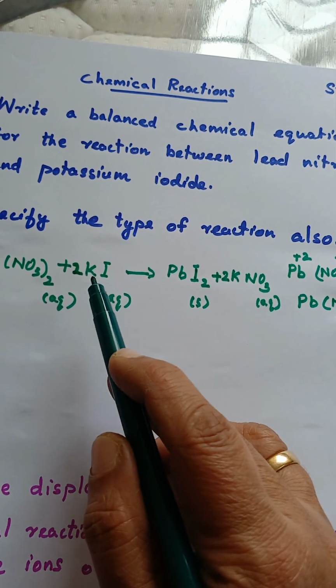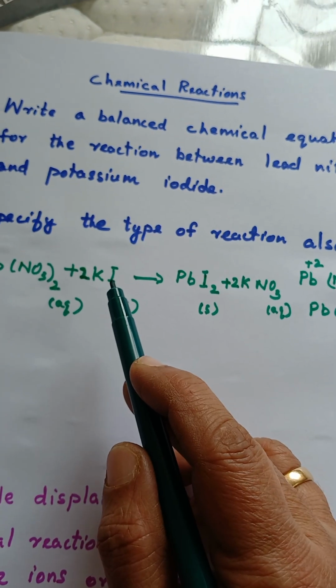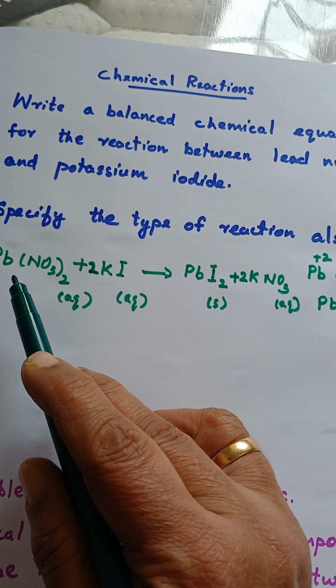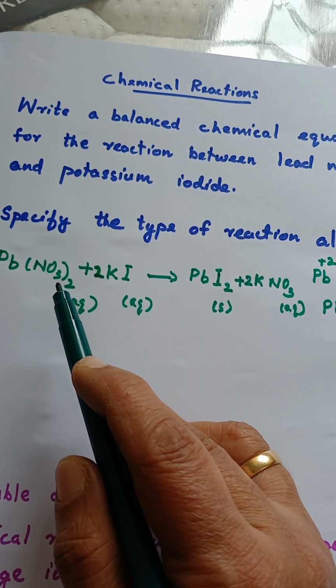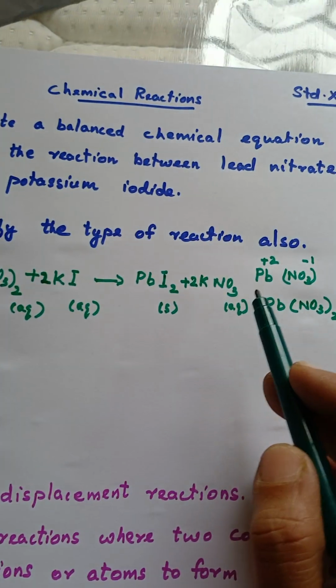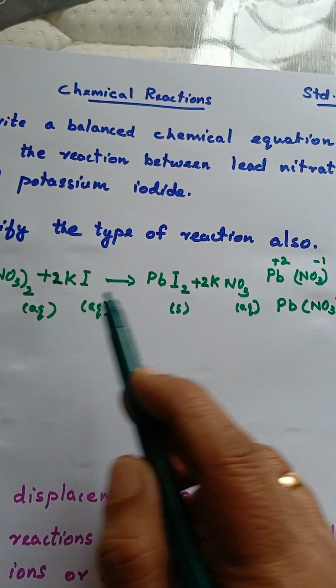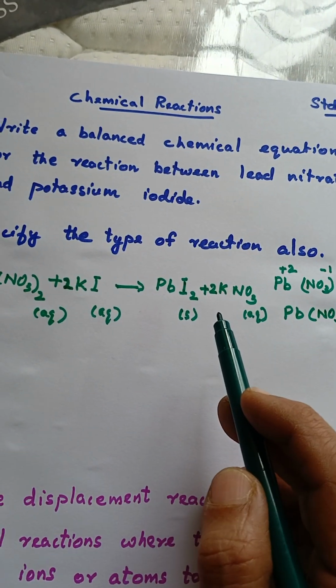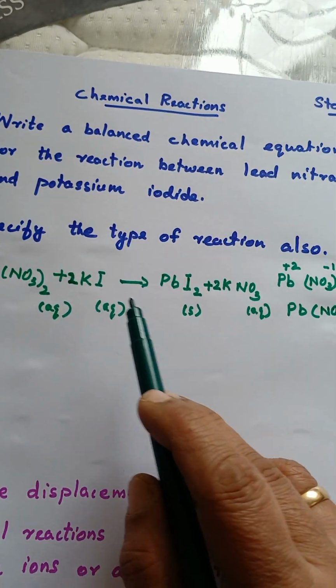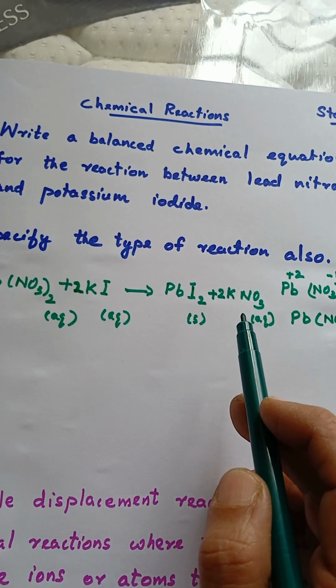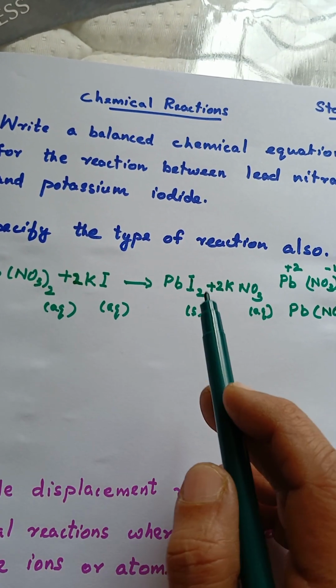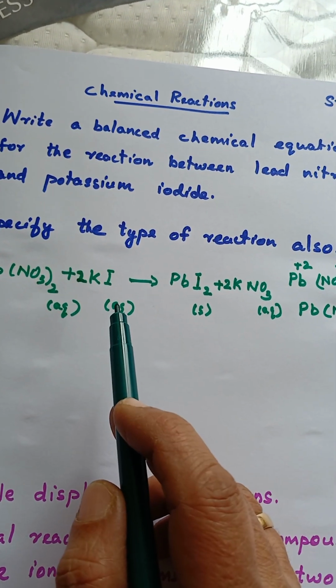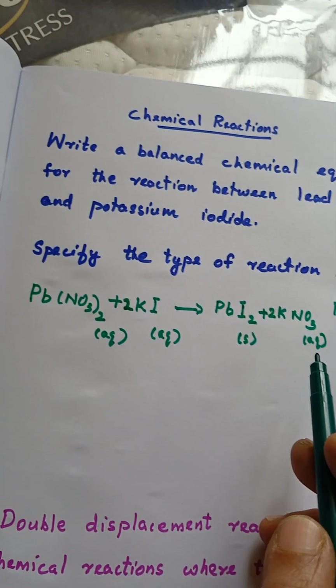This I belonged to potassium. So this I has gone to lead now, and this nitrate of lead has gone to potassium. So there is an interchange, or an exchange or switching of these ions, and there are 2 of them taking place. That is why we call it a double displacement reaction.